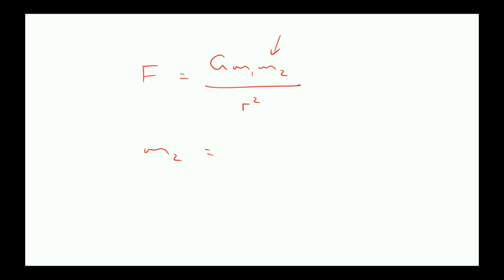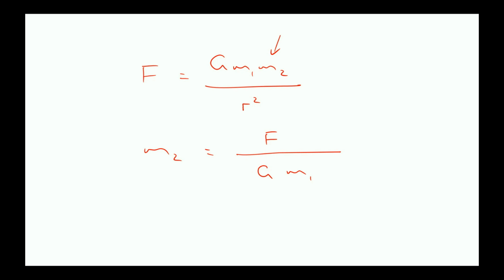I don't want the g there, I want the g on the side with the f, so I take it across, and of course I do the opposite. So it has initially been multiplied, so when it comes across the equals, it's going to be divided by. M1, same. It's going to come across the equals and be divided by. R squared, on the other hand, well, that's been divided by.